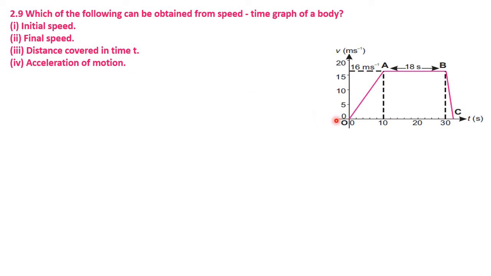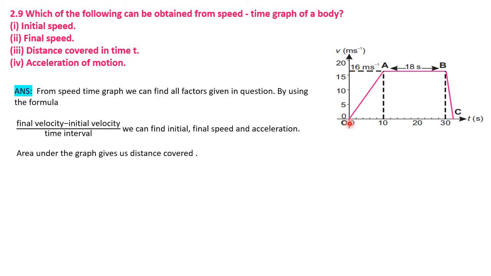From this graph we can easily find out the initial speed. We can find out the final speed by using the formula of acceleration, final velocity minus initial velocity divided by time interval, and we can find out the acceleration, initial velocity and final speed from this formula.